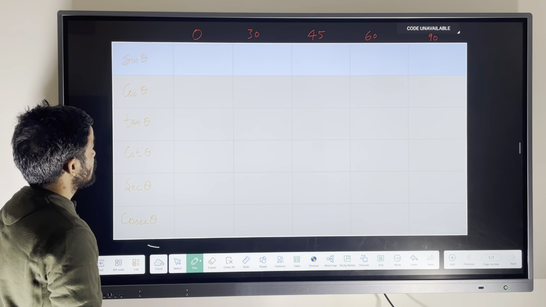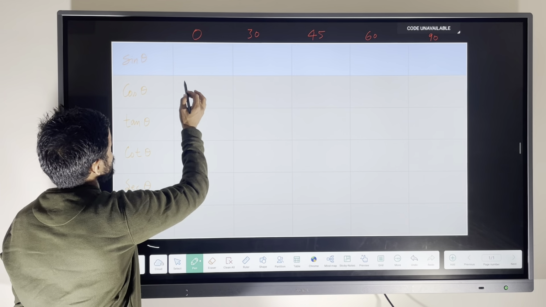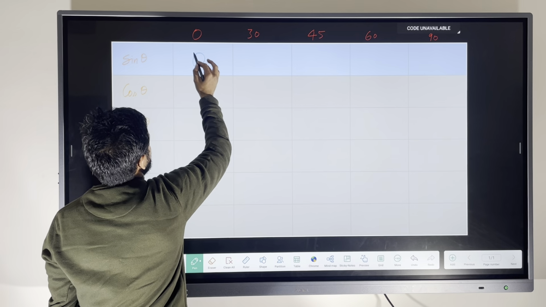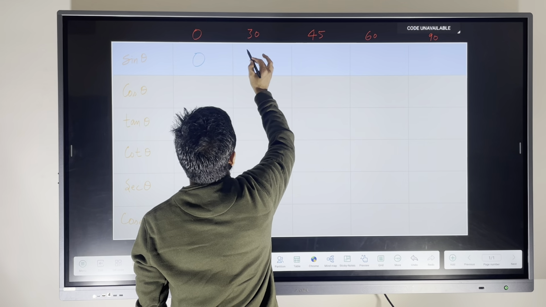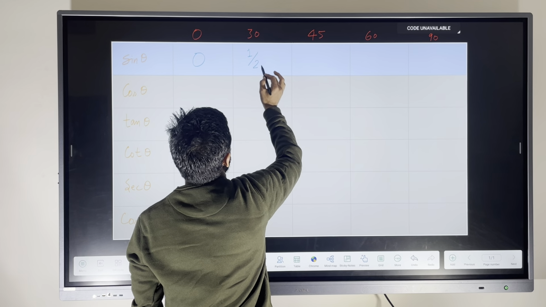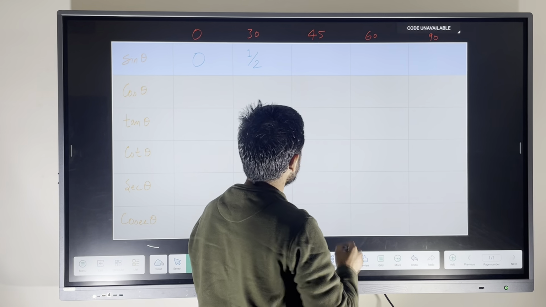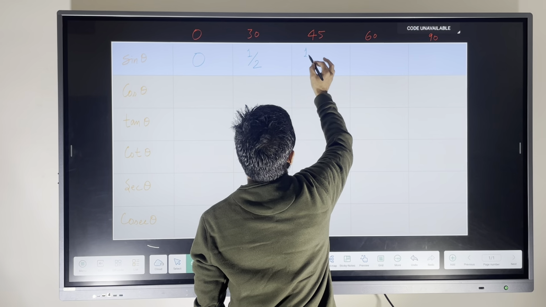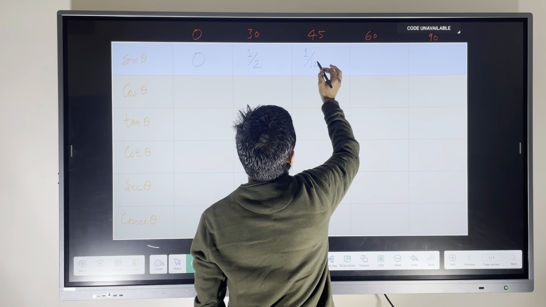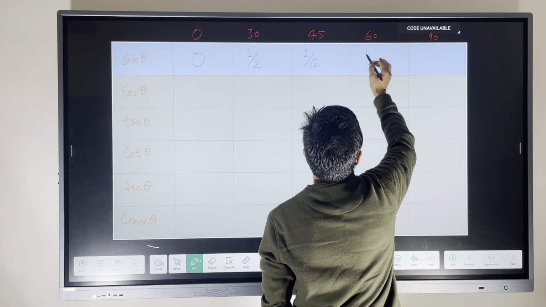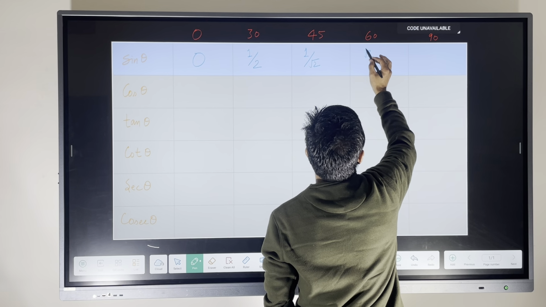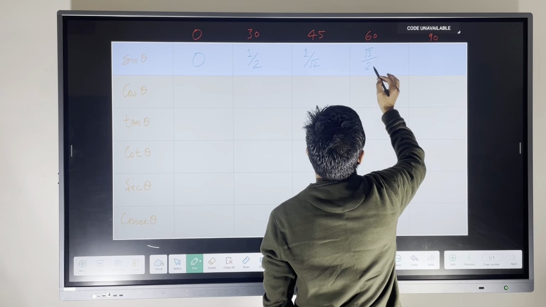Now, what is the value of sine 0? That is 0. What is the value of sine 30? That is 1 upon 2. What is the value of sine 45? That is 1 upon root 2. Now, what is the value of sine 60? That is root 3 by 2.